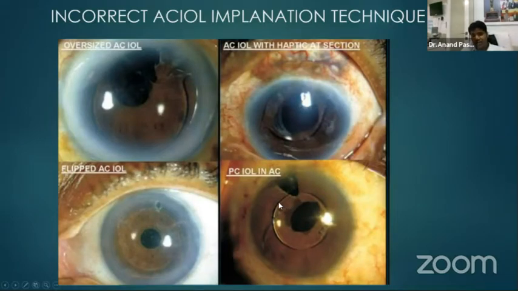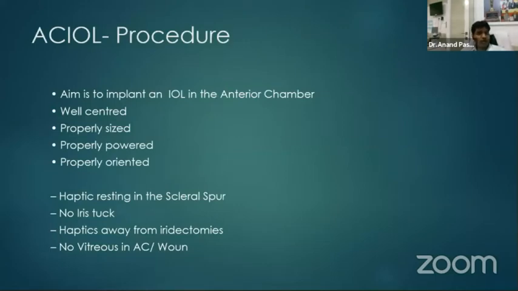In some cases, we also see a posterior chamber IOL being labeled as ACIOL, but it is a posterior chamber IOL implanted in the anterior chamber, which is not the place for it. So it's important that a proper procedure is followed for placing the anterior chamber IOL.